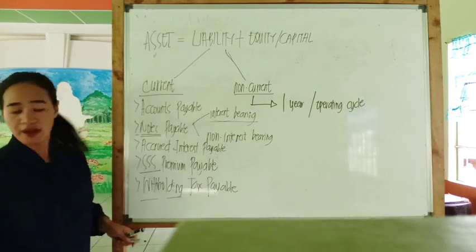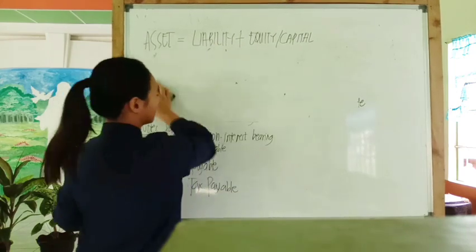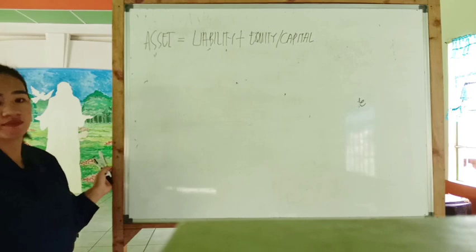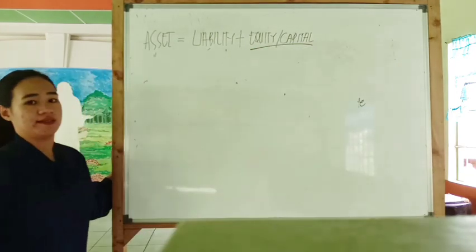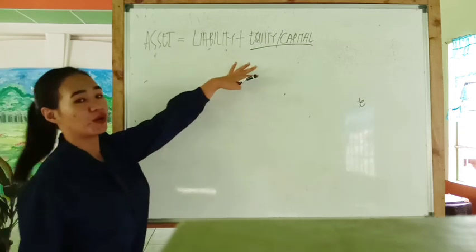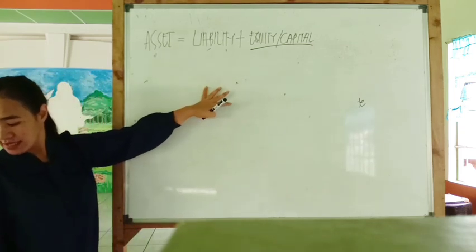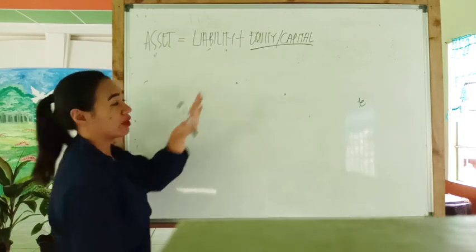And then, you have your equity or capital. So, for your equity or capital, listed there, yung owner's equity tsaka withdrawal.